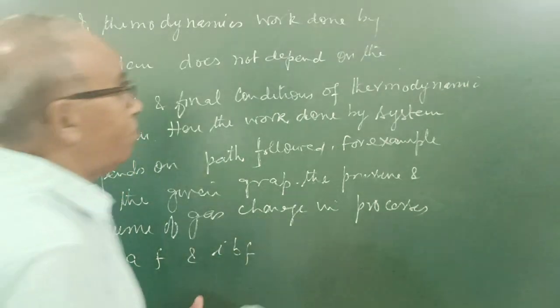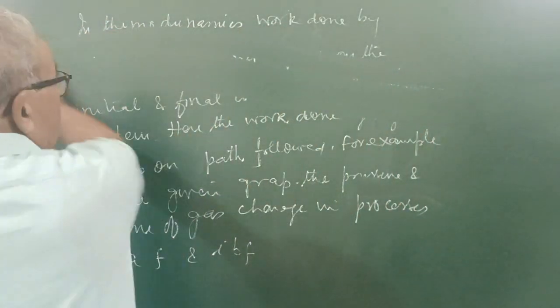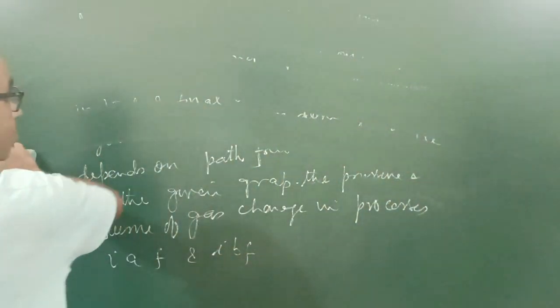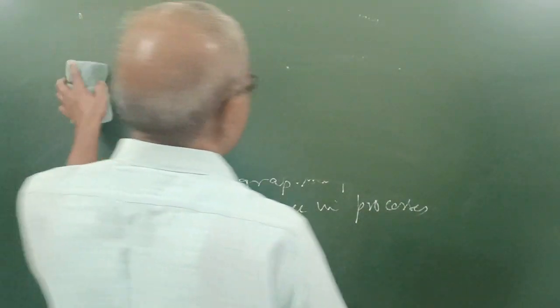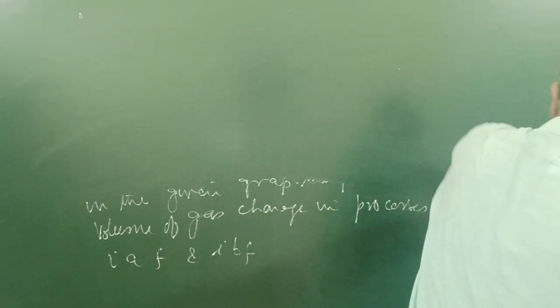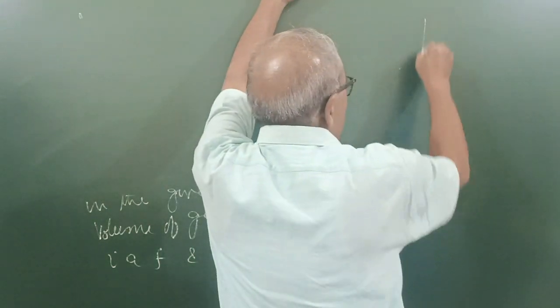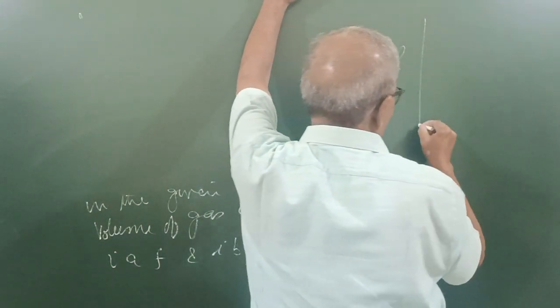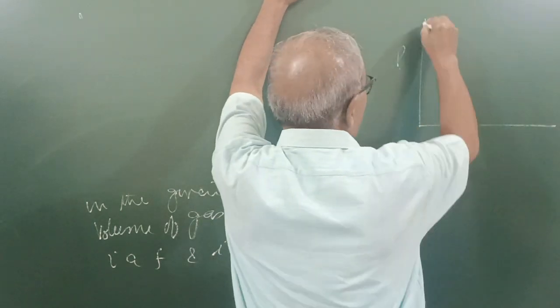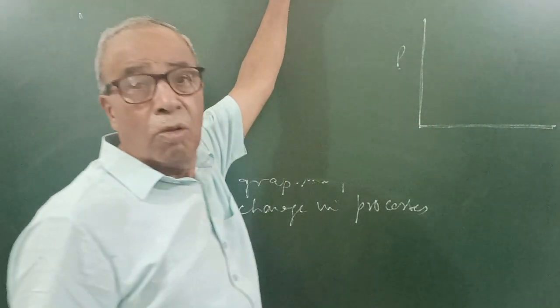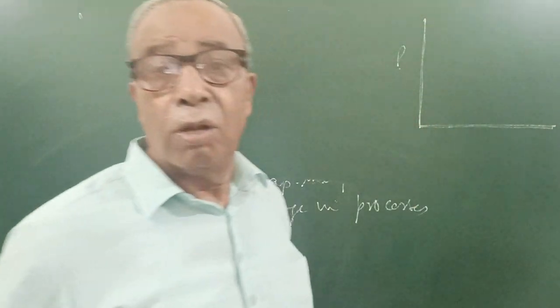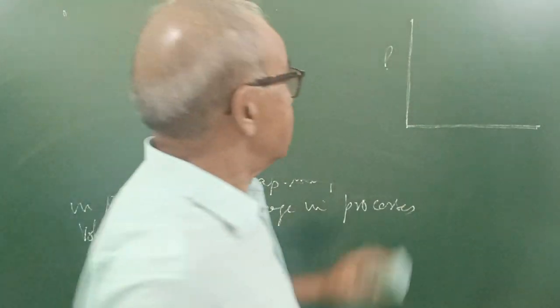What are IAF and IBF? Let me draw this diagram here. This is pressure here, volume here. The board is not clear.